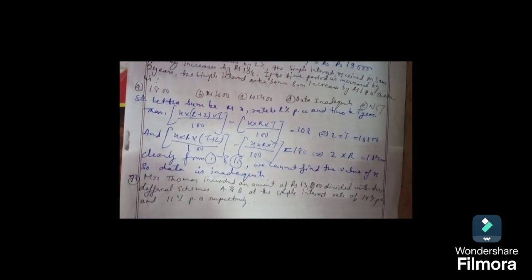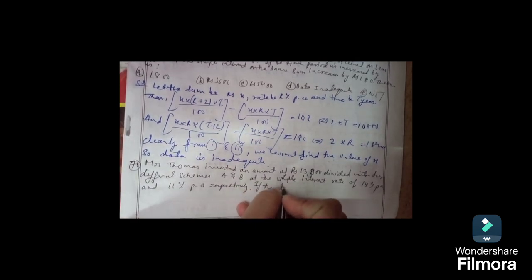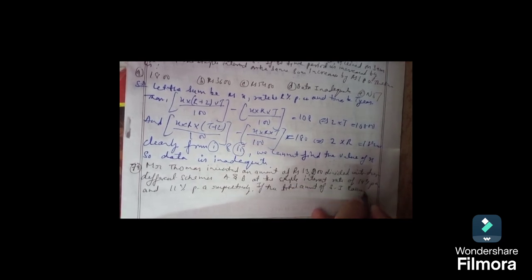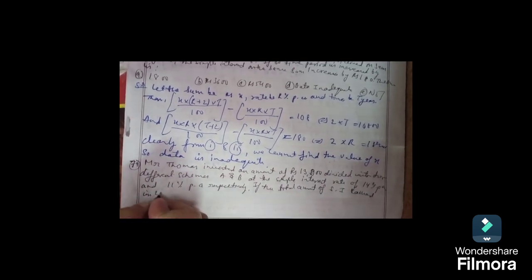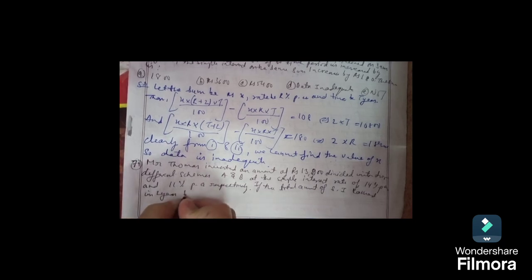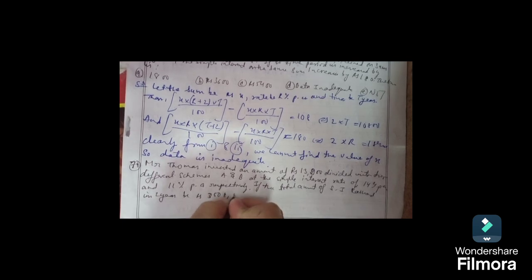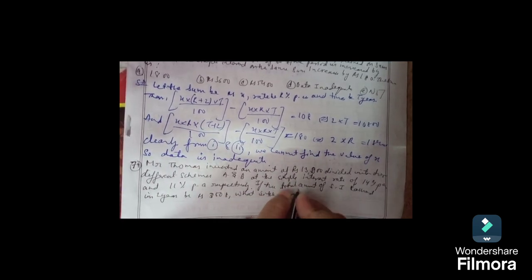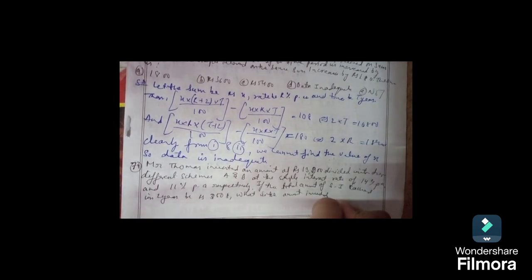If the total simple interest earned in 2 years be rupees 3,508, what is the amount invested in scheme B?